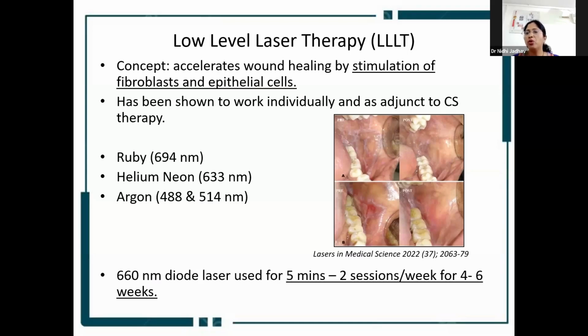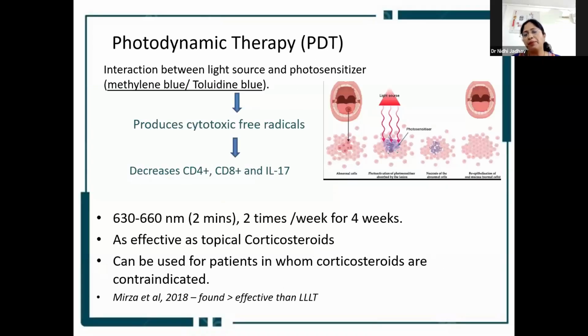Next, coming to photobiomodulation. Here, what actually happens is that we apply a photosensitizer over the mucosa, which could be methylene blue or toluidine blue, and light is exposed onto the lesion. Because of this, cytotoxic free radicals are produced, which decrease the CD4 plus and CD8 plus cells along with interleukin 17.